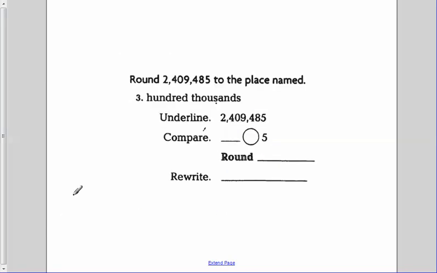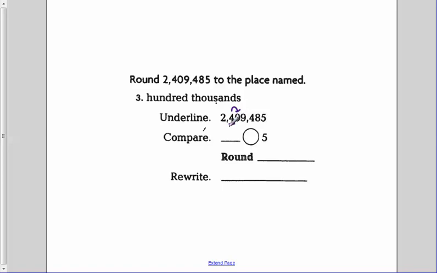Let's try another one. So we're going to round 2,409,485 to the place named. So we are going to round to the 100,000th place. So what number is in our 100,000 place? Well, we have our million, and then 100,000 is our 4. So I look at our 4, and I'm going to look to the digit to the right.